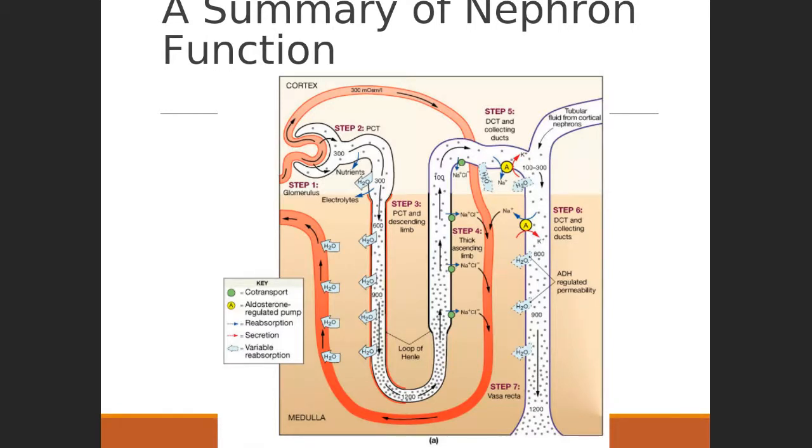But here would be our afferent arteriole, our efferent arteriole, and anything that would be associated with the tubule is going to be peritubular capillary and/or vasa recta. And we can see anything that gets reabsorbed out of our tubule wall can go right into the circulatory system at that point.